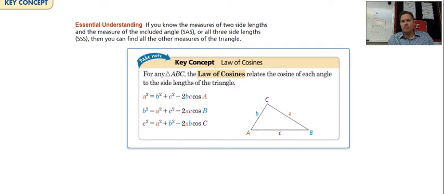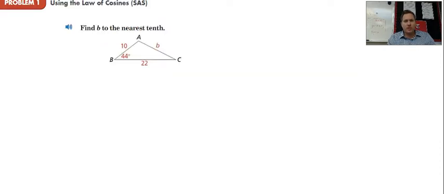Alright, let's do a few. Here's my first one. It says, find b to the nearest tenth. So we're trying to find out what b is, and we have to remember what this formula is.